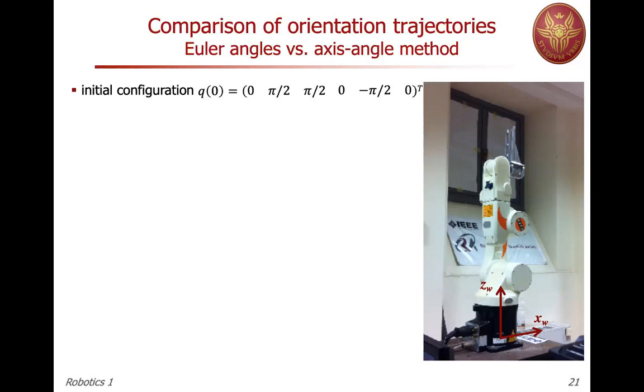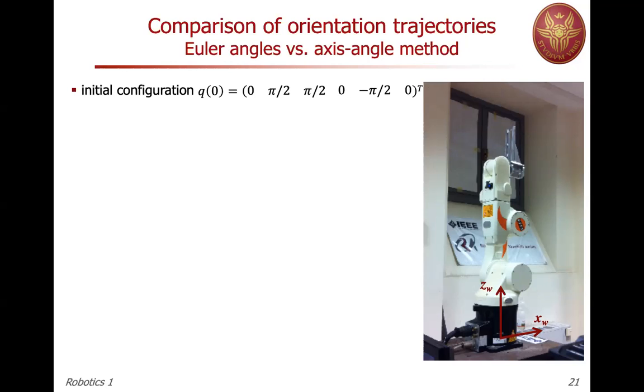So we compute the relative orientation, we extract a unit axis which will be the invariant axis of rotation, and we plan a motion from 0 to the associated angle of the inverse axis angle representation of the relative rotation, and this angle will be traced with a given timing law. So the purpose of this experiment here is to show what are the possible different motions that you get.